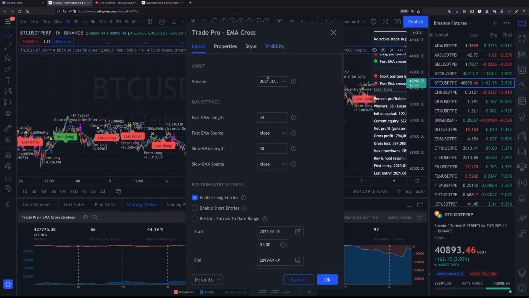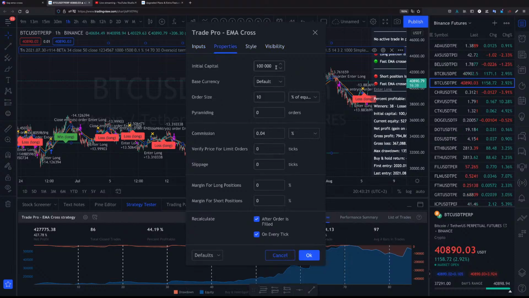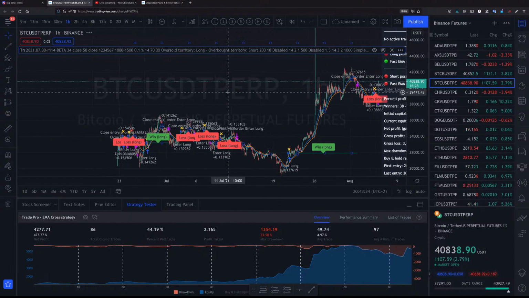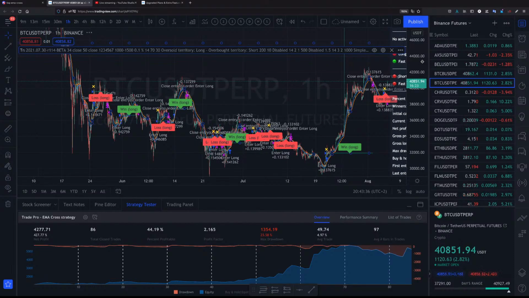Yeah, I don't like using 100,000 right here. I'm not so rich as TradePro. Yeah, this doesn't look shabby at all, except the drawdown, of course.